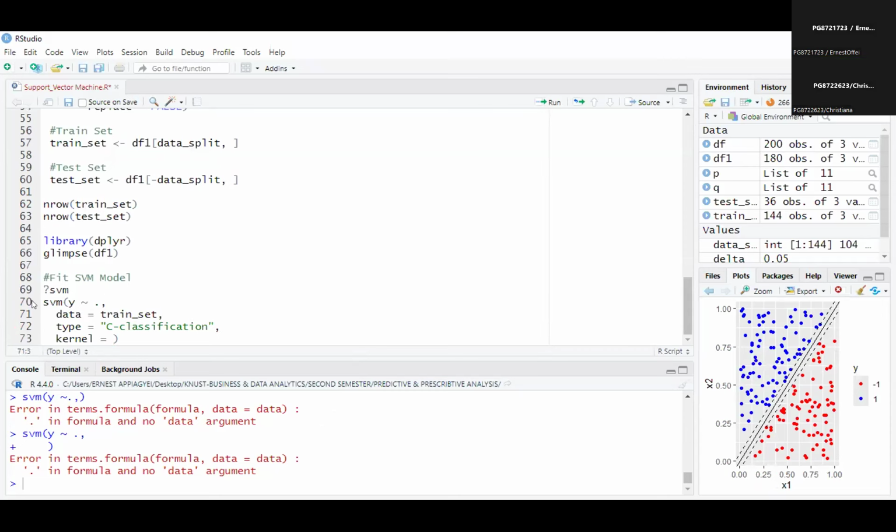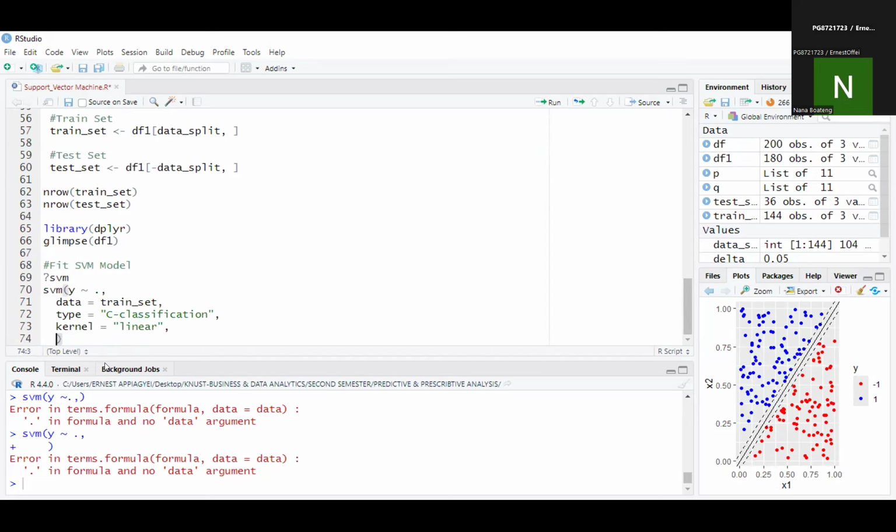Please, like this. And then the kernel is linear. Specify the kernel. The linear is in inverted commas. So spell linear. And then bring a comma after the inverted comma, and then go down and specify the scale. The scale is equal to false.